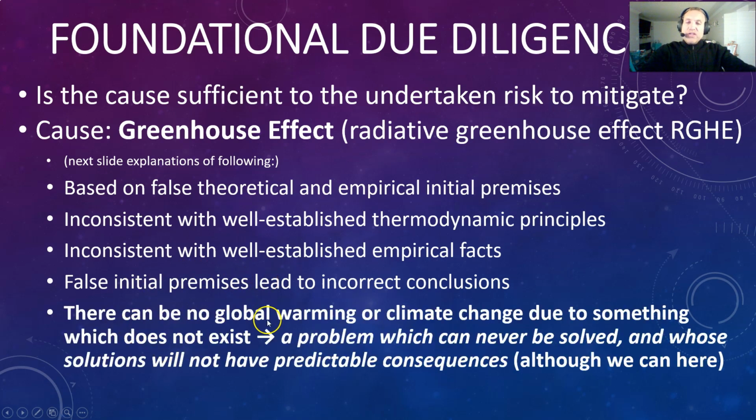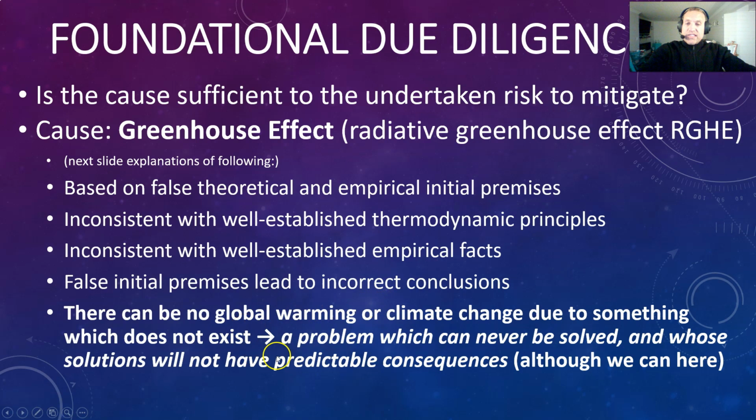So there can be no global warming or climate change due to something which does not exist. And of course, my whole video channel has been about demonstrating that this radiative greenhouse effect does not exist. So there can be no global warming or climate change due to it.